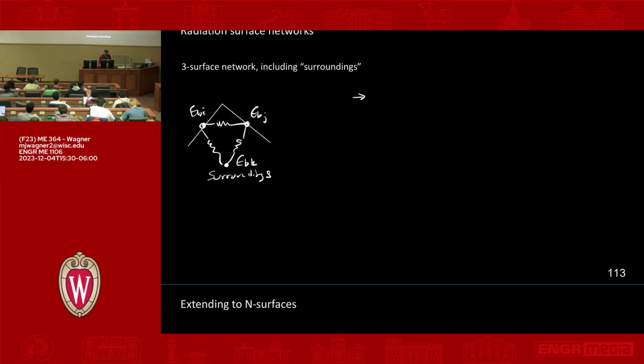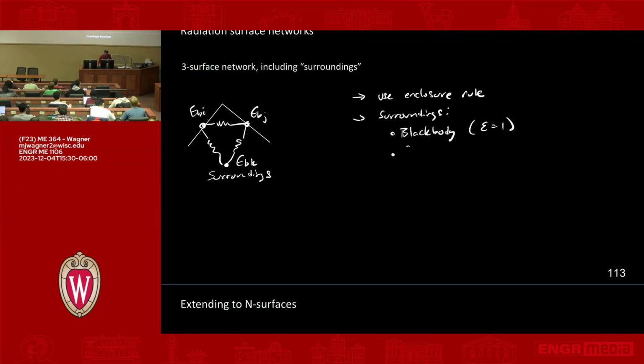So for this type of situation, we would use the enclosure rule. We would treat the surroundings as follows. We would assume that it's a Blackbody, that is, emissivity is equal to 1.